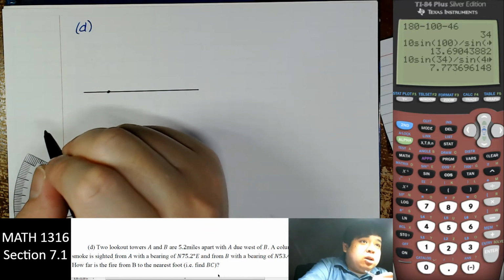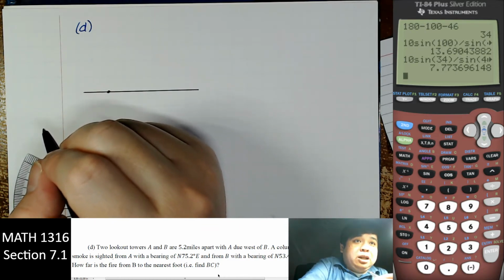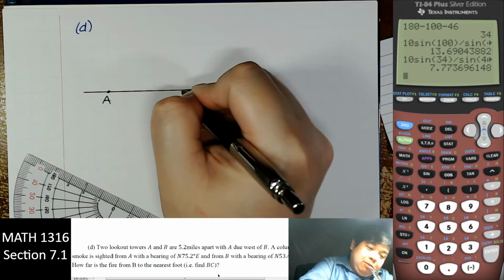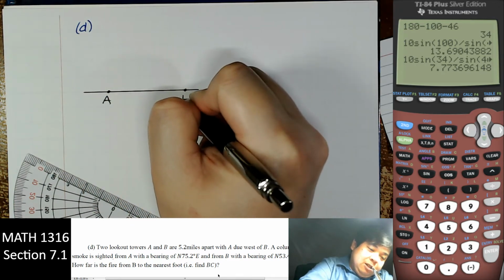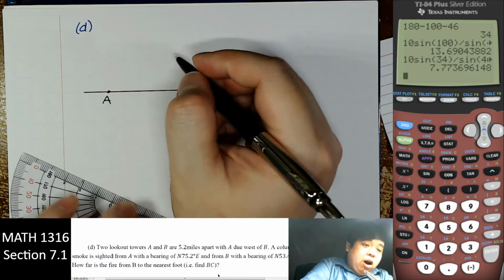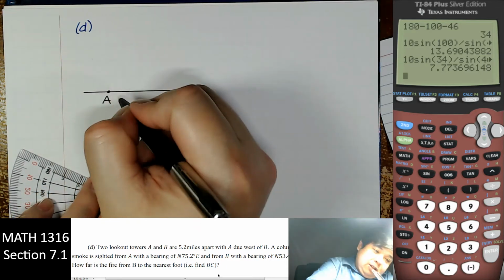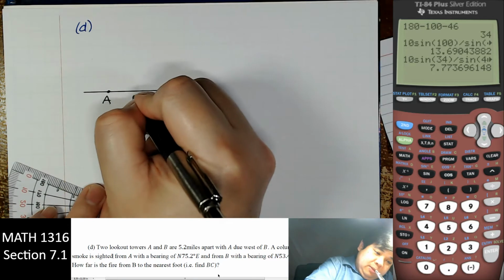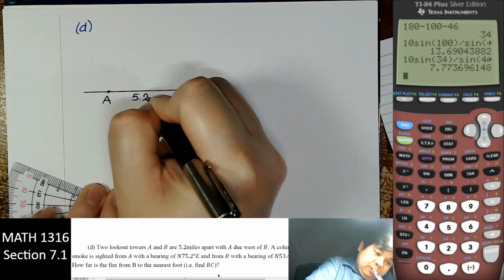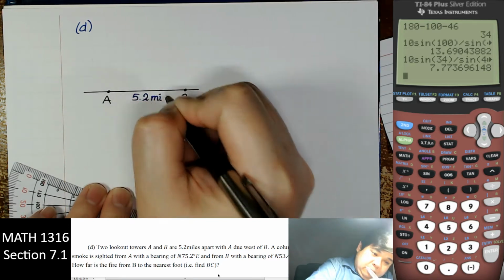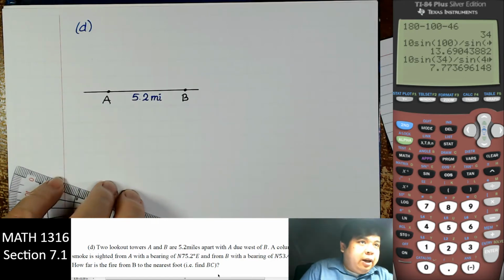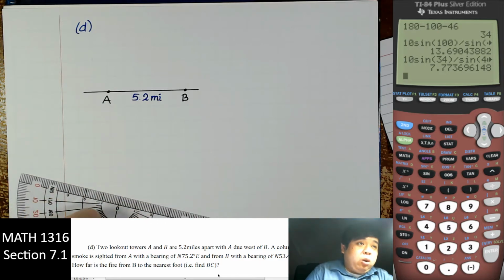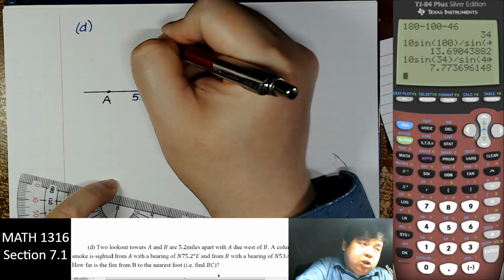Two lookout towers, A due west of B. So A is on the left, B is here, and they are 5.2 miles apart. A column of smoke is sighted from A with the bearing of north 75.2 degrees on the east side. So the smoke is somewhere in here.